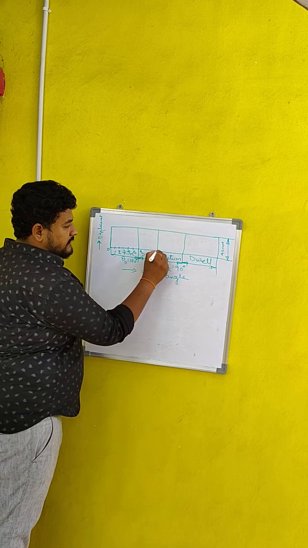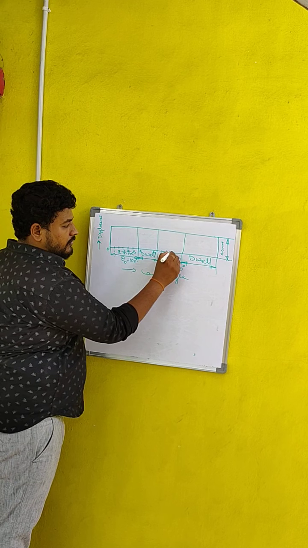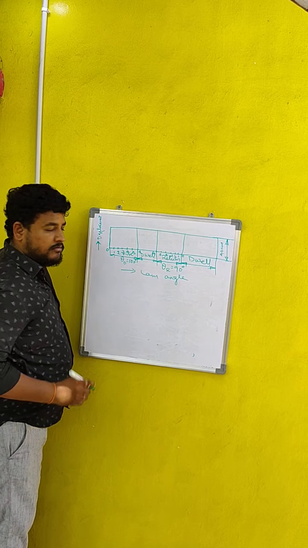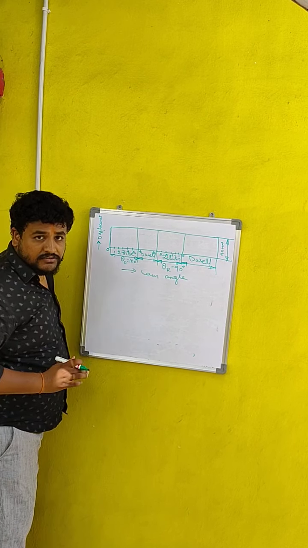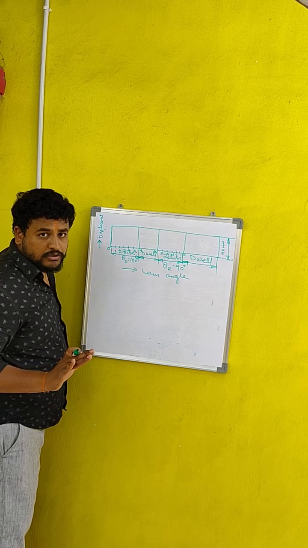Similarly, for the return period, start from 6: 6, 5, 4, 3, 2, 1, and this is 0. Start from 6 and end at 0, 6 equal parts.